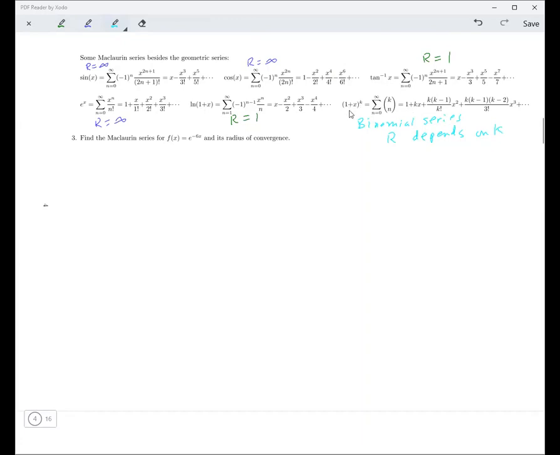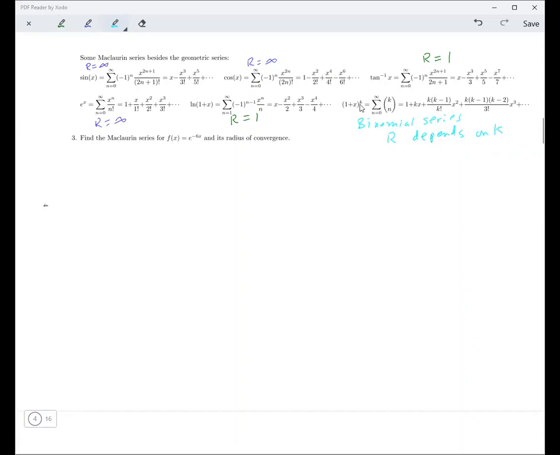Okay, so if k were a positive integer, then this would actually be what we call terminating. You wouldn't have to go to infinity. It would just be a polynomial, not an infinite series, if k is a positive integer. And if k is negative, then that's a different story. If k is a positive integer and it's just a polynomial, then the radius is infinity. It converges for all values of x.